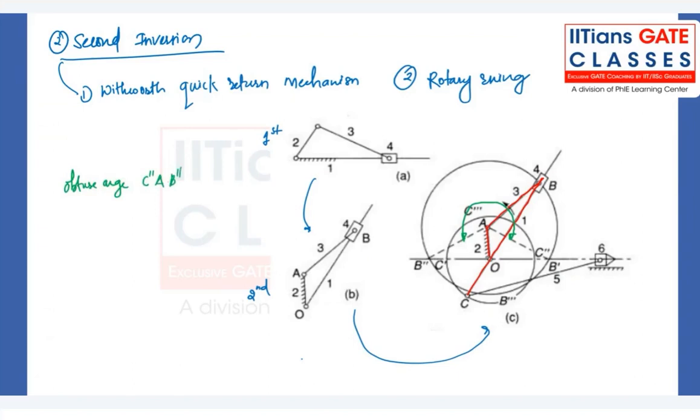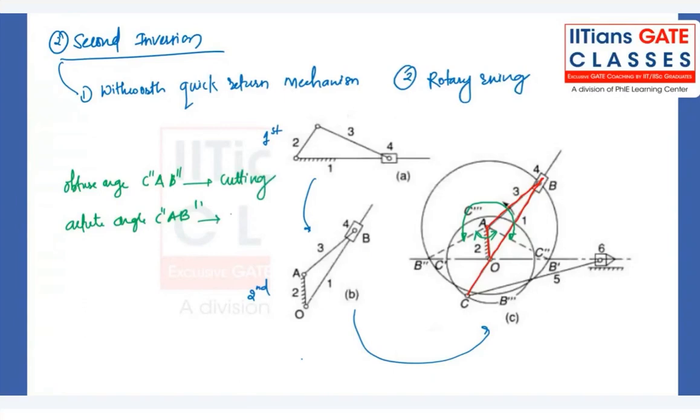And during the return stroke we have the acute angle. So same angle but the acute angle. You can clearly see here we are having an obtuse angle during the cutting stroke and an acute angle during the return stroke.